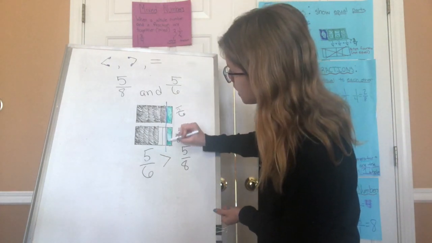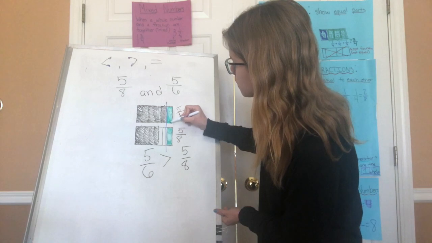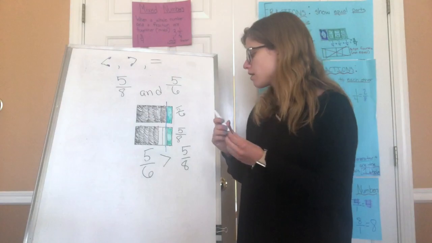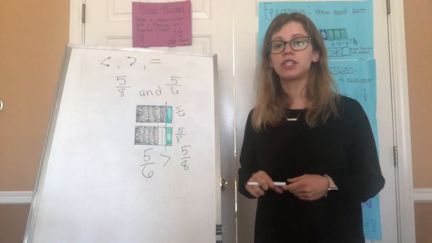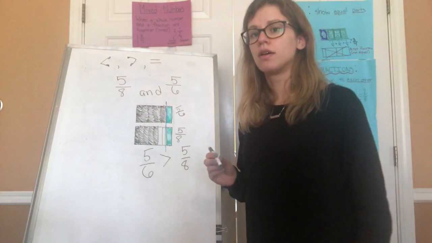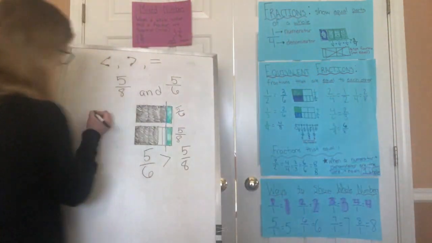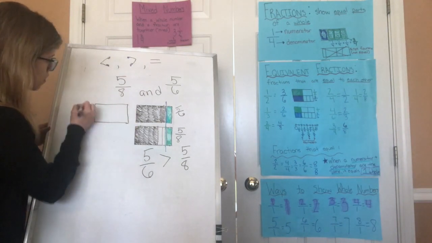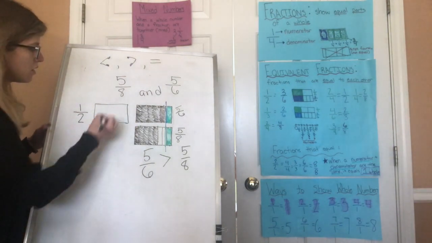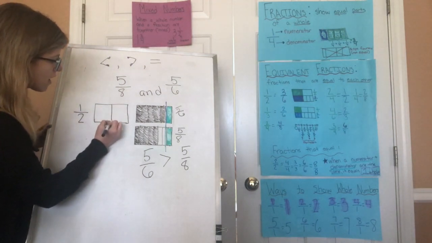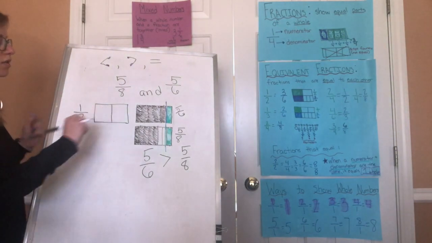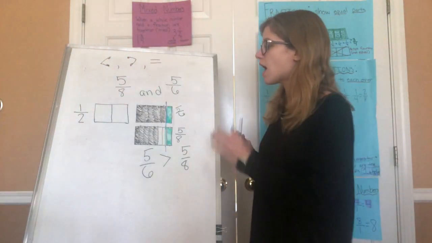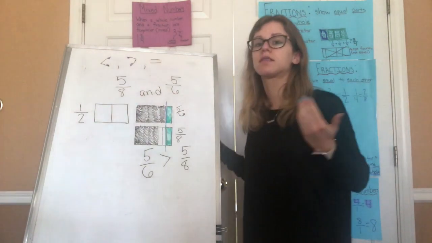When I drew my line down, I saw that 1/6 is actually bigger than 1/8. So when a fraction has a smaller denominator, like in one half, my fractional parts are actually bigger because I'm breaking up my whole into less parts.